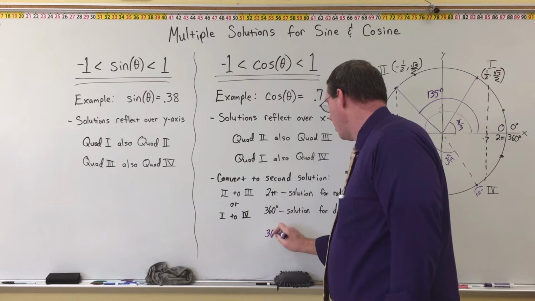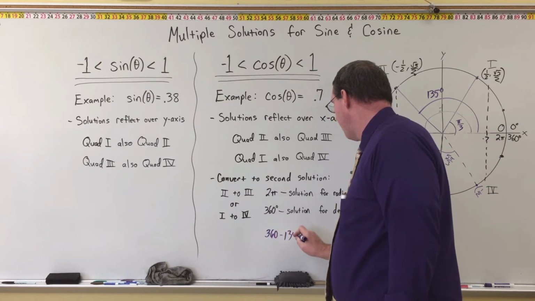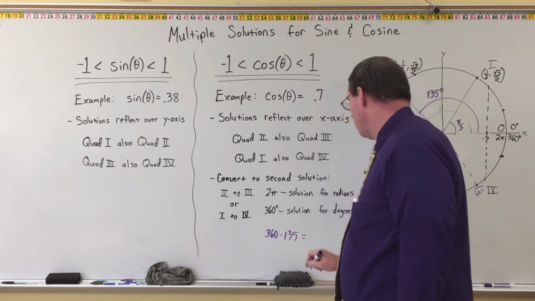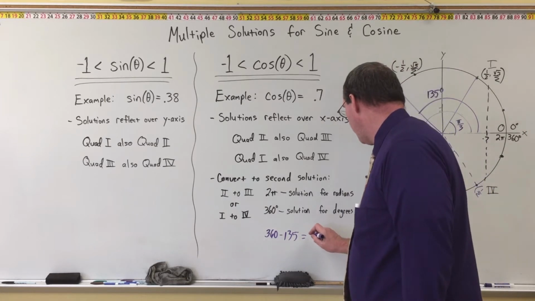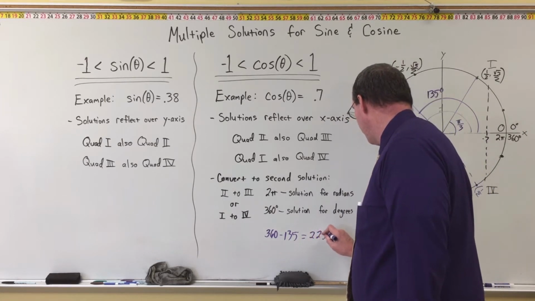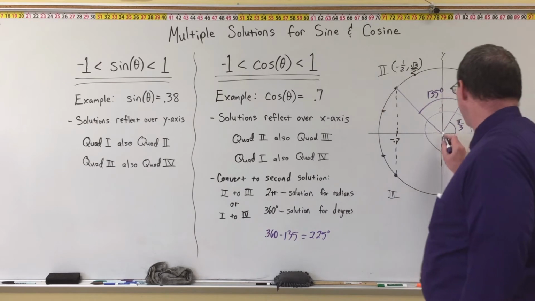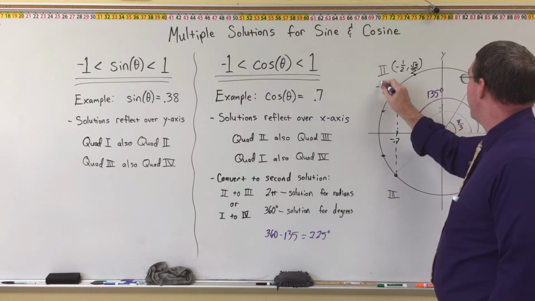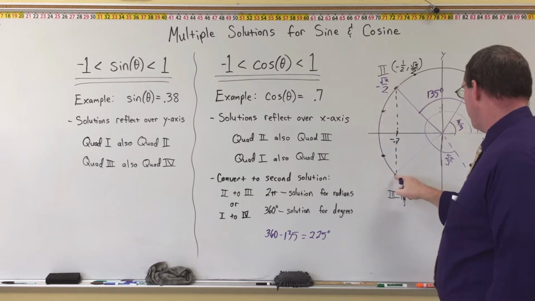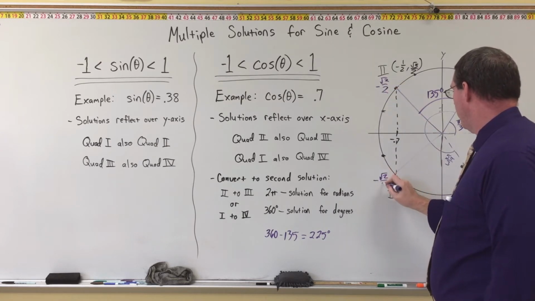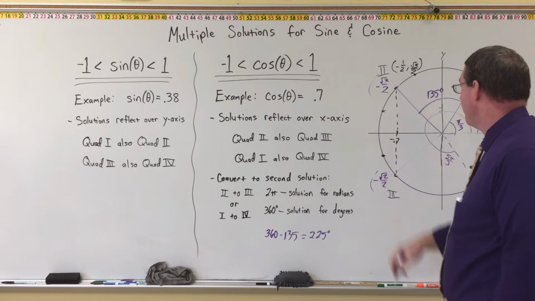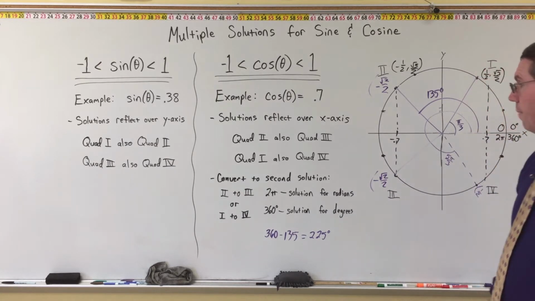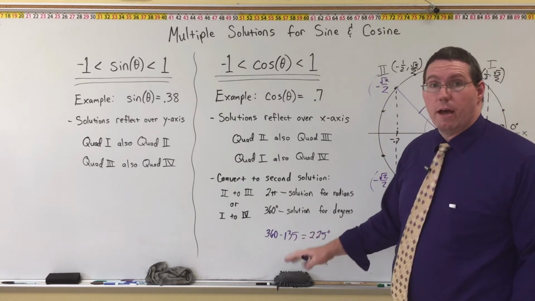So 360 minus 135 is equal to 225 degrees, which is this angle right down here. Both of them have a cosine of negative square root of 2 over 2. That's the cosine, right? That's the x-coordinate. And so that is how you find the other solution.